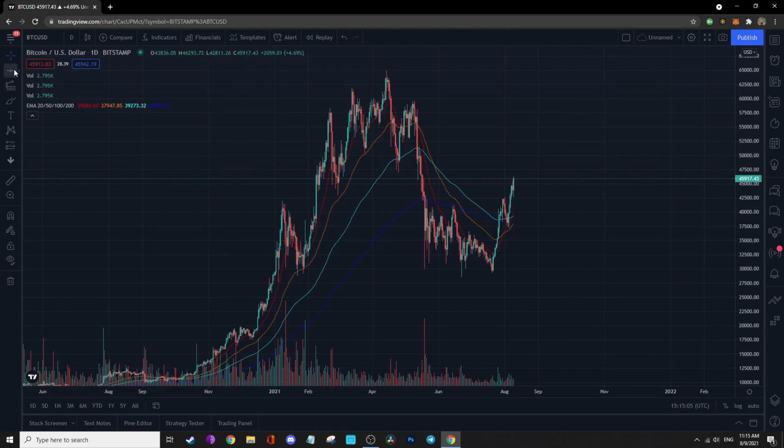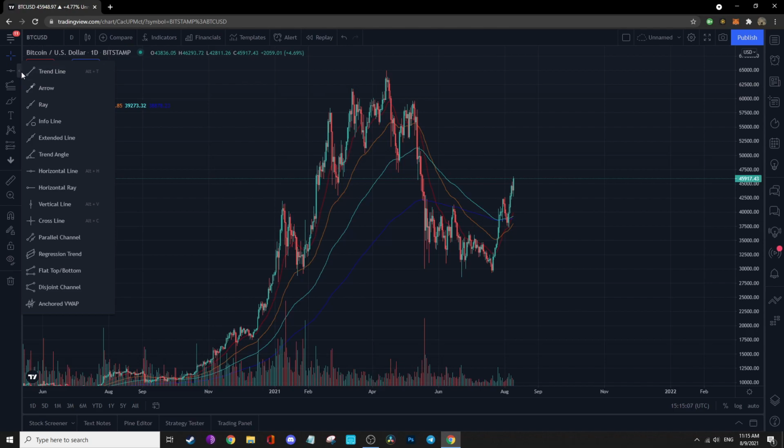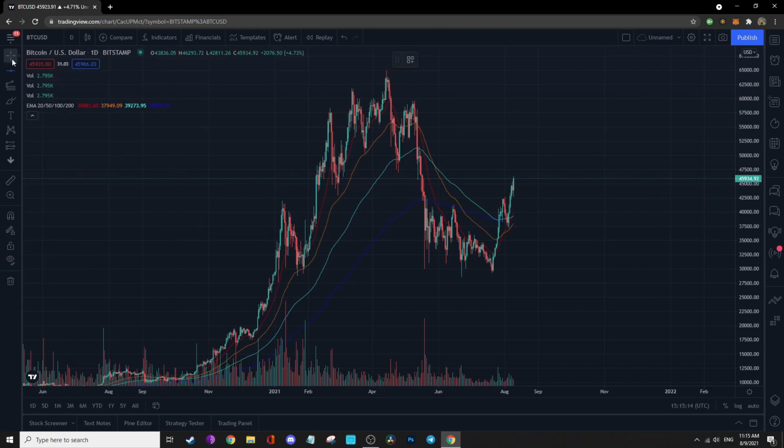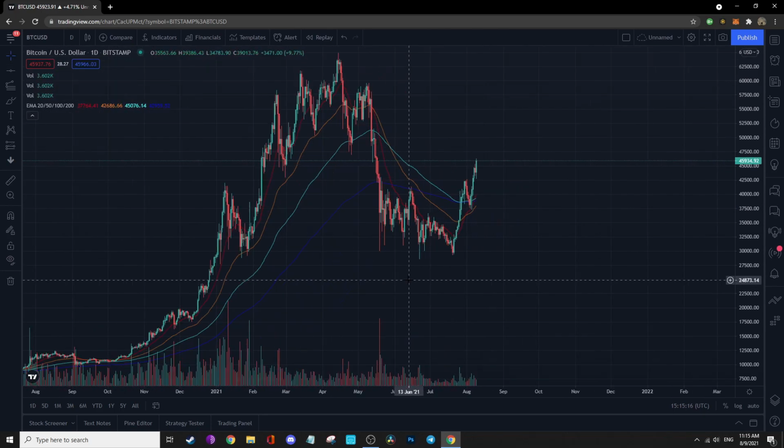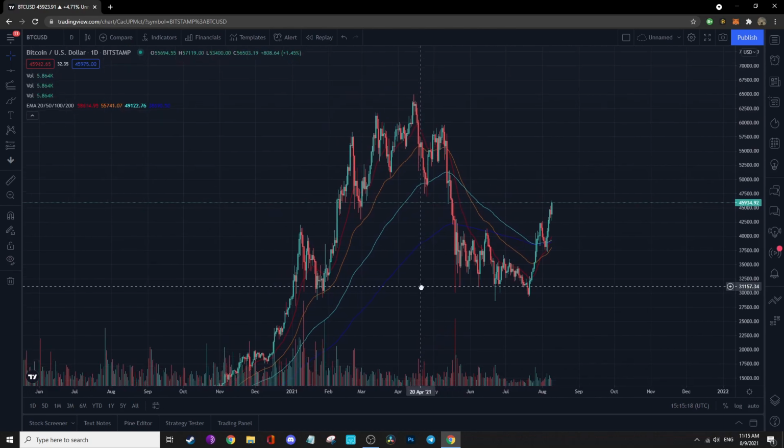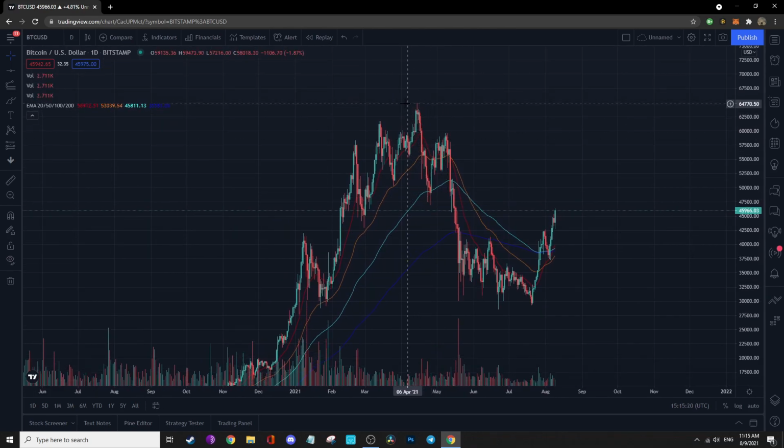So the two very simple terms that you're going to need to know are support and resistance. I'm going to go ahead and use this horizontal line here to draw my historic support and resistance lines. When we have resistance, like up here, this means that people weren't really comfortable with buying in this area, and people were most likely selling, which drove the price down.